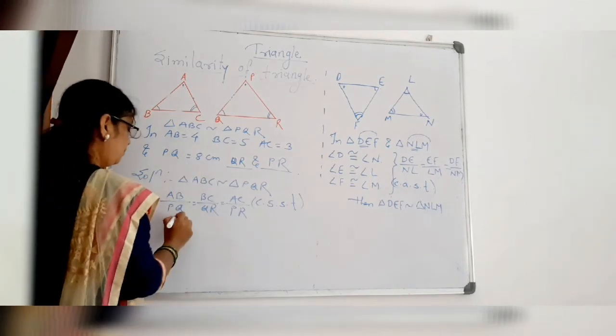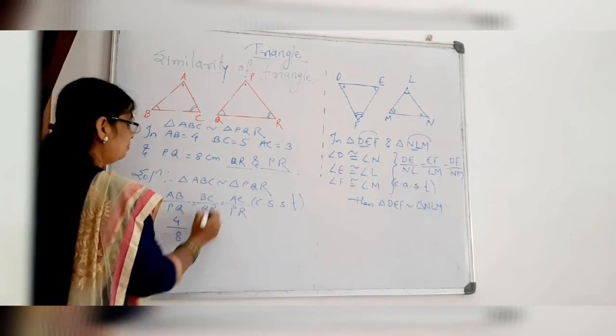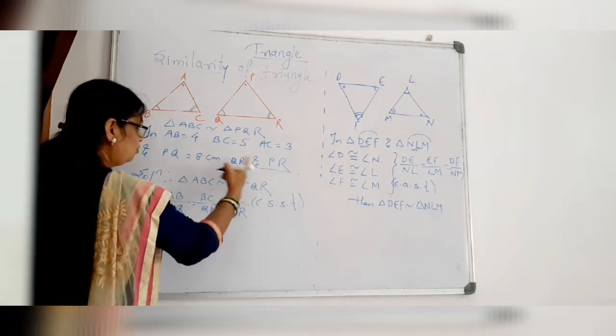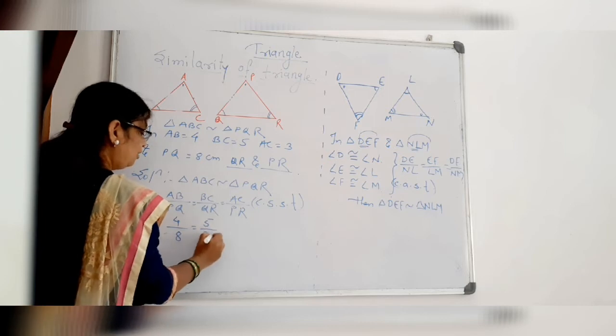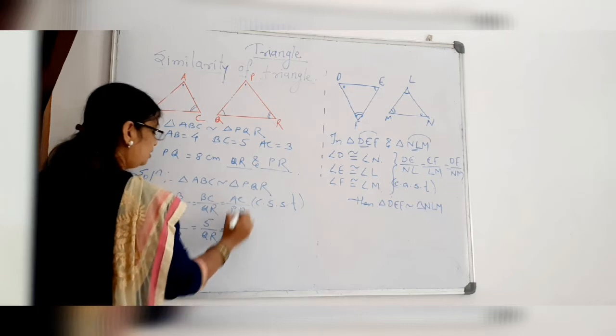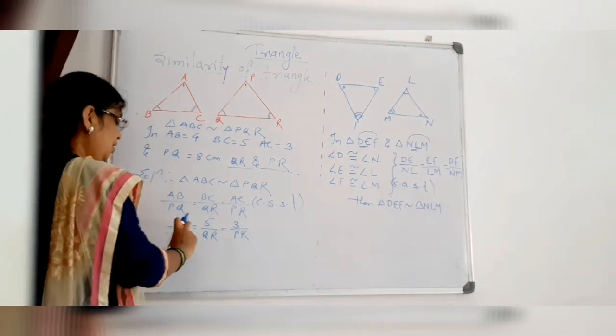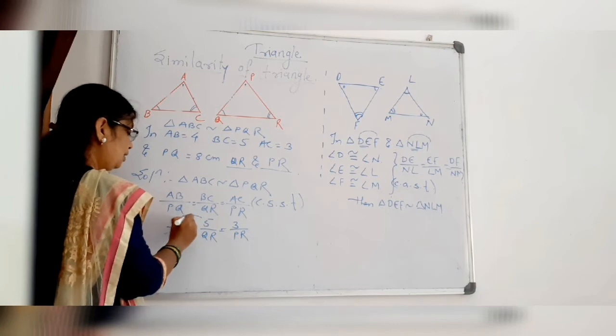What is AB? 4. PQ 8. BC 5. QR you have to find out. AC 3, and PR you have to find out. Now you have to compare this ratio with the given ratio.